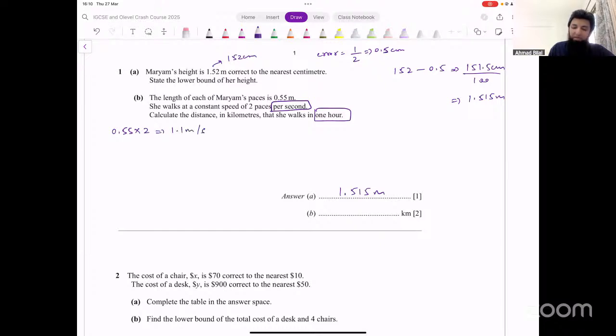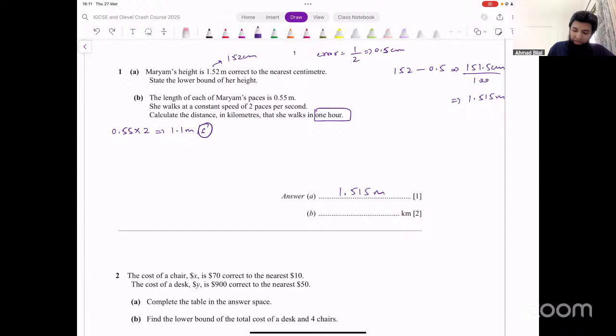That's the speed that we're given, right? 2 paces per second, that means 2 into 0.55, that's 1.1 meters per second. That's the speed that we've got. We want to find the distance in kilometers that she travels in 1 hour.